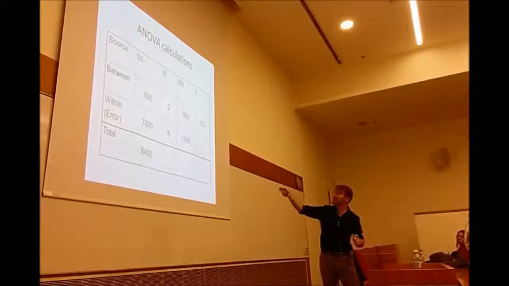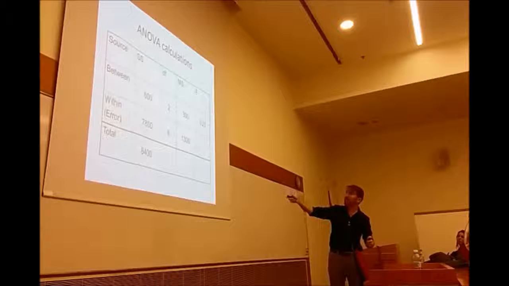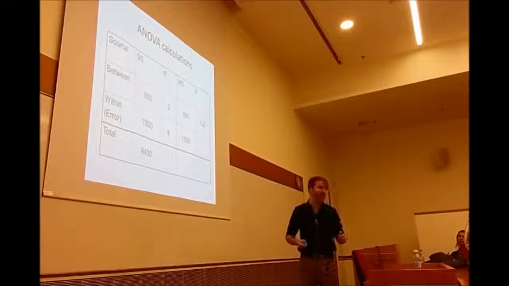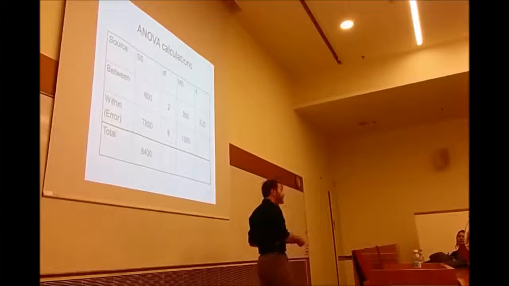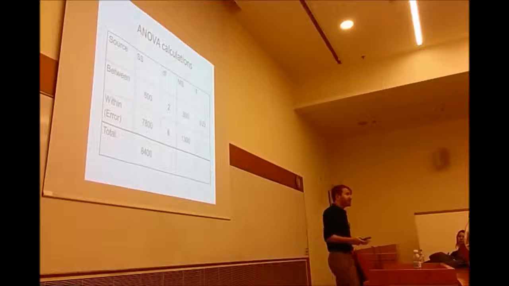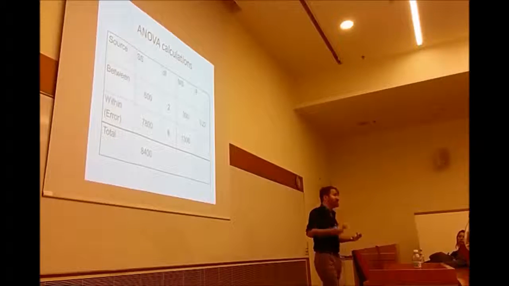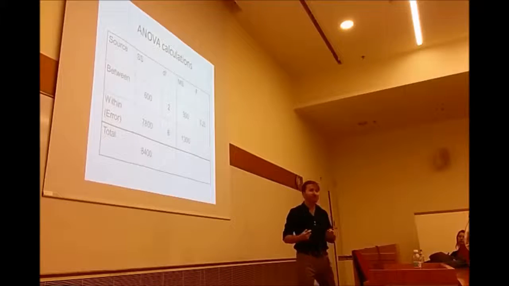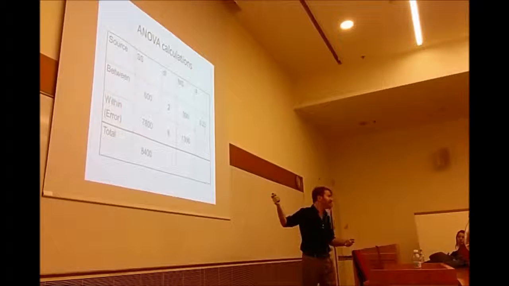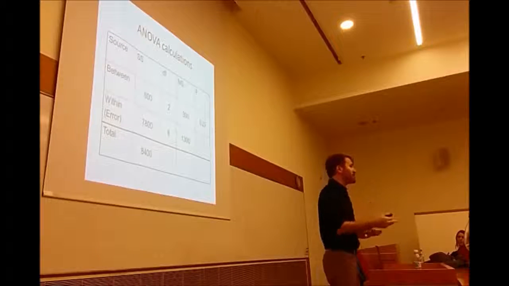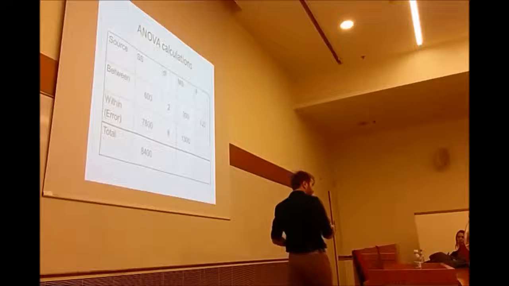And then we get that MSB is 300, MSW is 1,300, and then we get F that is very, very small. F equals 0.23. What does this mean? Well, still not a lot, because so far we did all the calculations that we needed. Now we're going to have to make a decision.